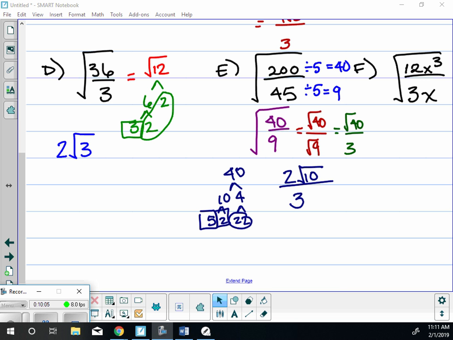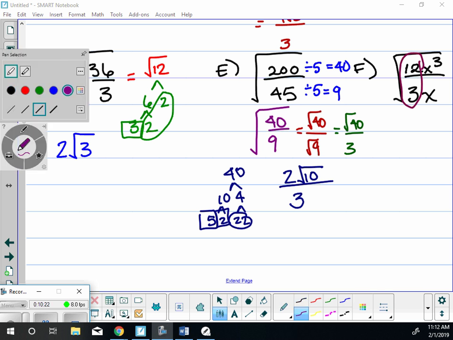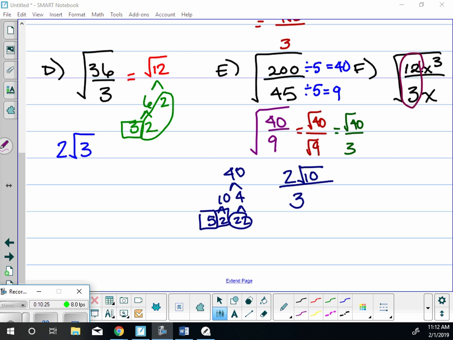So I have 12 over 3. Can that reduce? 12 over 3 is 4. So I'd get 4. And then x to the third divided by x. So we have 3 on top, we have 1 on the bottom.